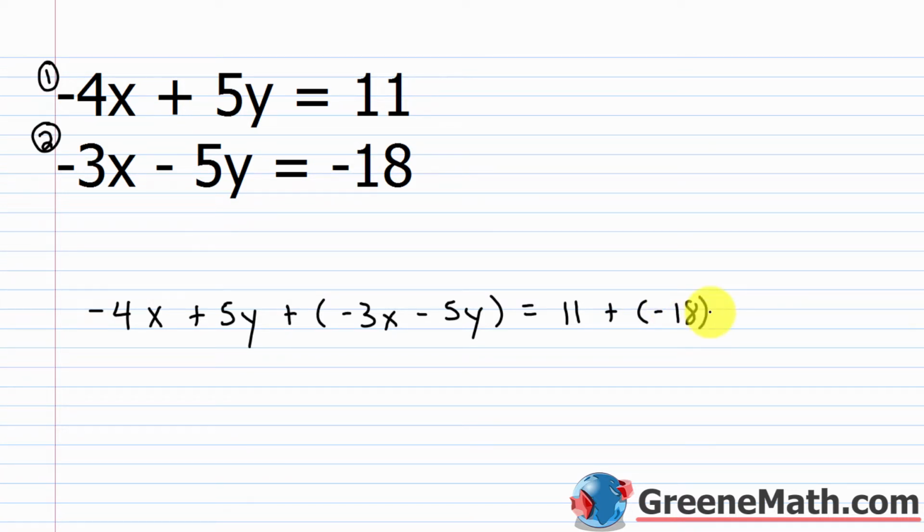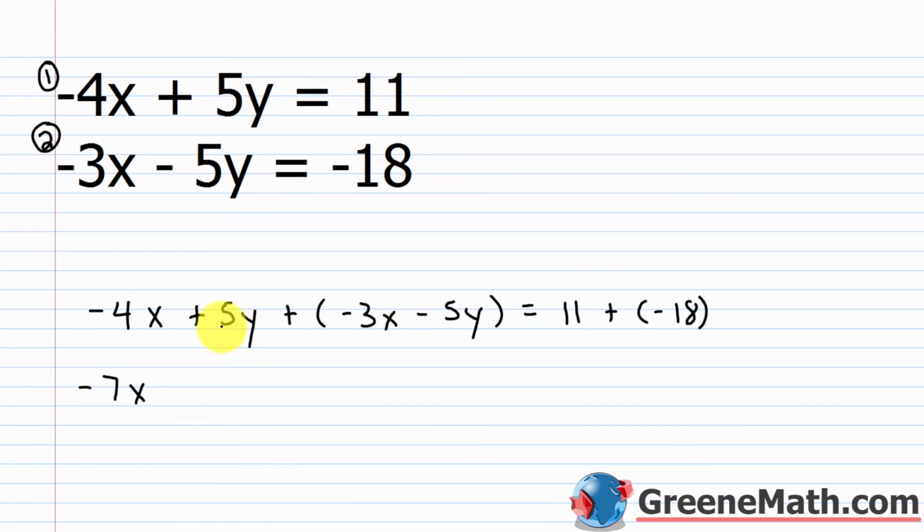What's going to happen here is that one of the variables is going to drop out, because the coefficients are opposites. Let's do the addition. Negative 4x plus negative 3x is negative 7x, and 5y plus negative 5y is 0.